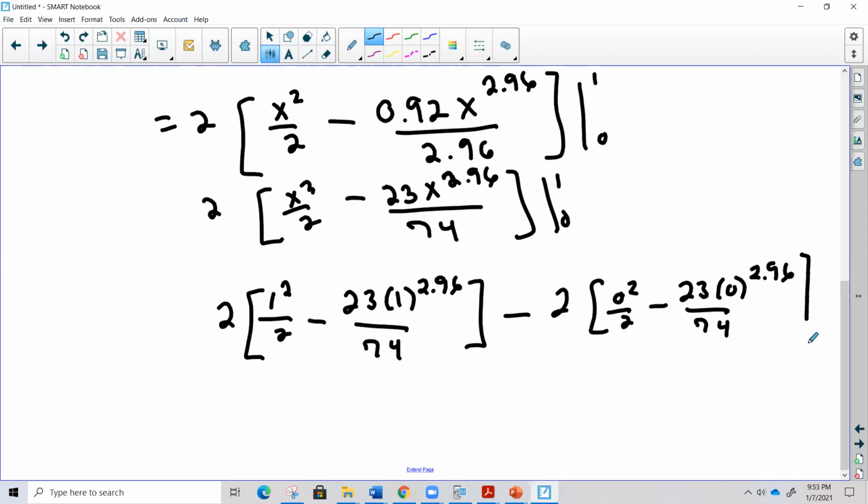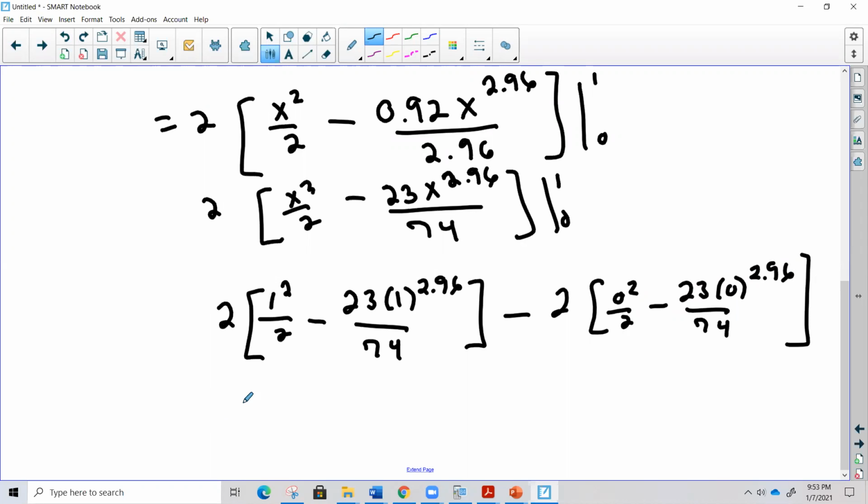Now, when I do that, you can type all of this in your calculator or you can simplify it in pieces, whichever you're more comfortable with and more likely to get the correct answer. I'm going to type this all in at one time.